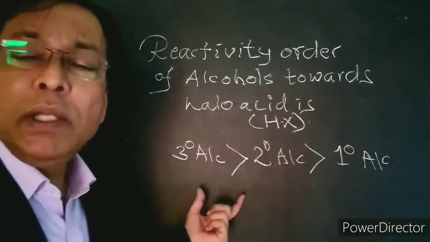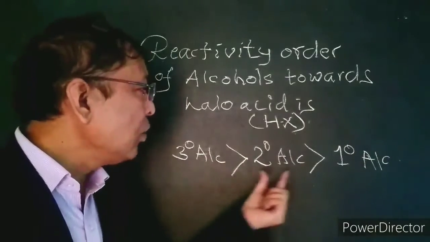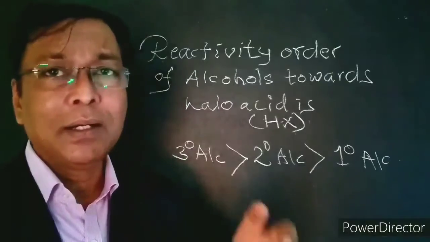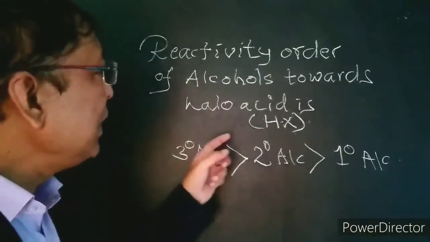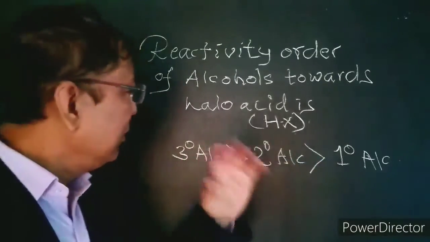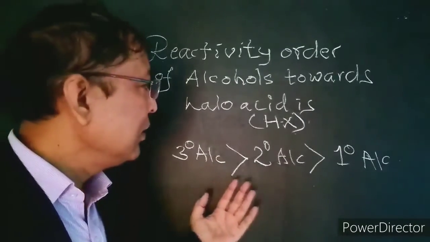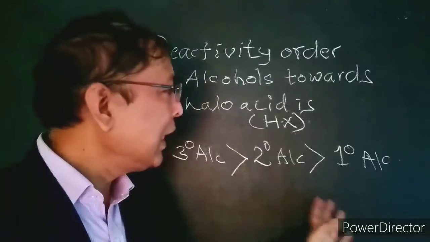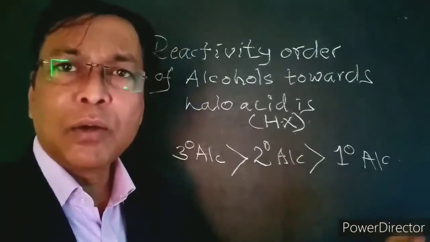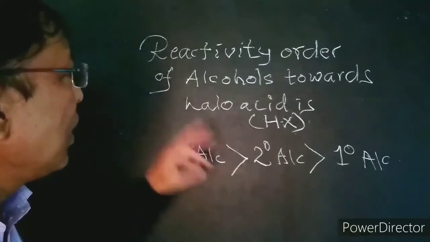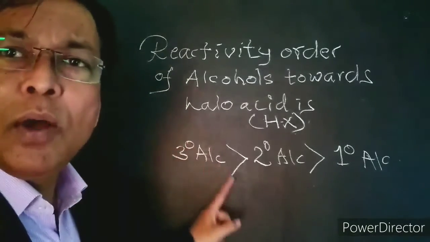This means if we take tertiary alcohol, secondary alcohol and primary alcohol in three different test tubes, and if we add HCl, the tertiary alcohol immediately gives product, then secondary alcohol, then primary alcohols. This is the reactivity order of alcohols towards halo acids.